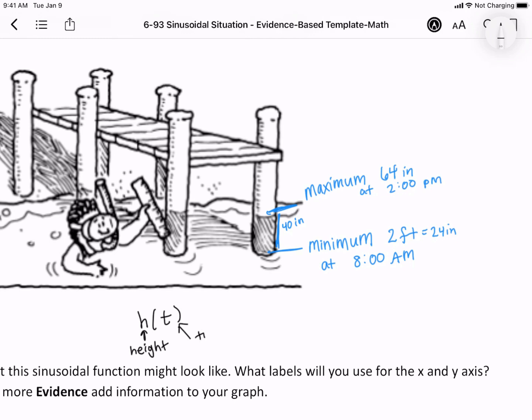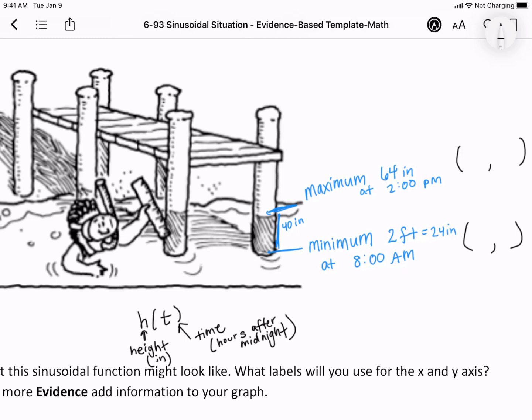My height is in inches, and the time is hours since midnight, hours after midnight. So I can turn these points into a time and a height, and I'm going to use those points to create a graph.